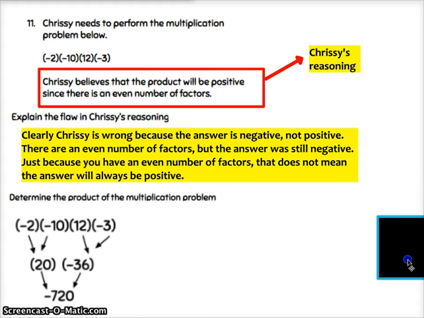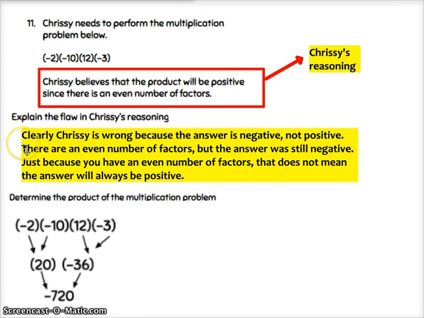First of all, when you're explaining the flaw, you want to start with a strong statement, something like, clearly Chrissy is wrong because the answer is negative, not positive. So this is where I start justifying my answer. My assertion or my claim is that Chrissy is wrong, but then I need to back it up.